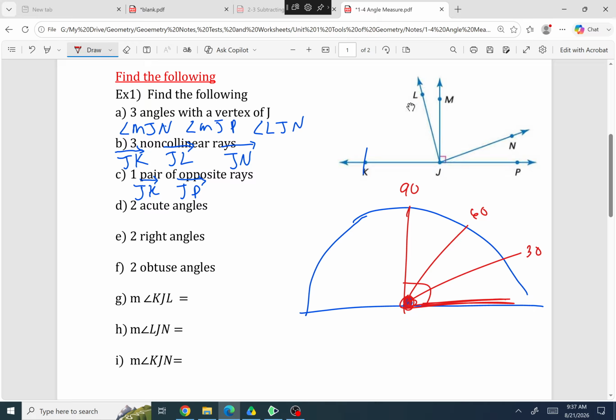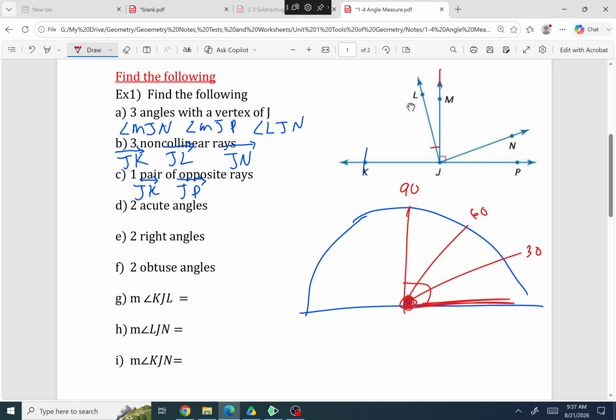There is one angle on there that I know for a fact is a 90-degree angle. Which one? MJP, because you see this little box here? That means it's 90. Now there is something else you know. This one has to be 90 also, right? Anybody know why that one? Right, 180 is a straight line, so if that's 90, that has to be 90. Those are the only two right angles I know.